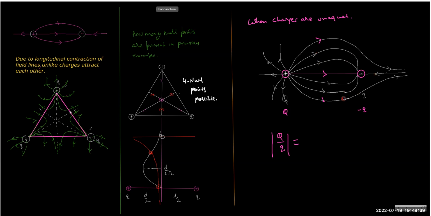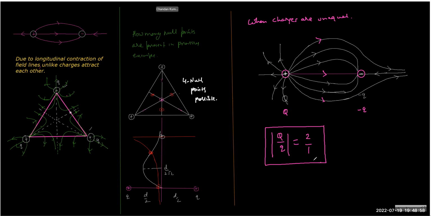Can you see? 6. So now if 12 is leaving the plus and 6 is terminating at the minus, it means the ratio must be 2:1. So they will ask you the ratio of charge looking at the graph.